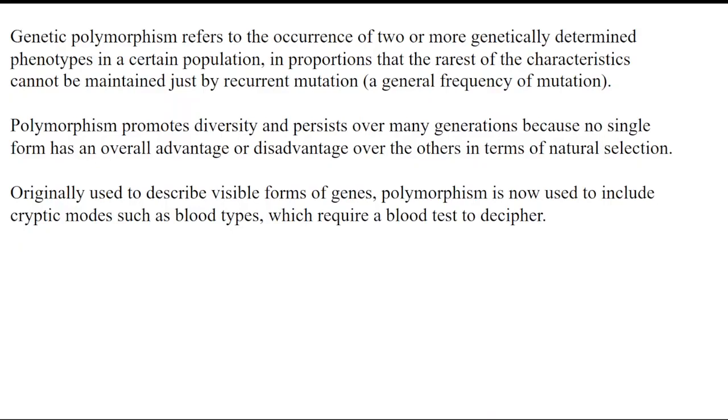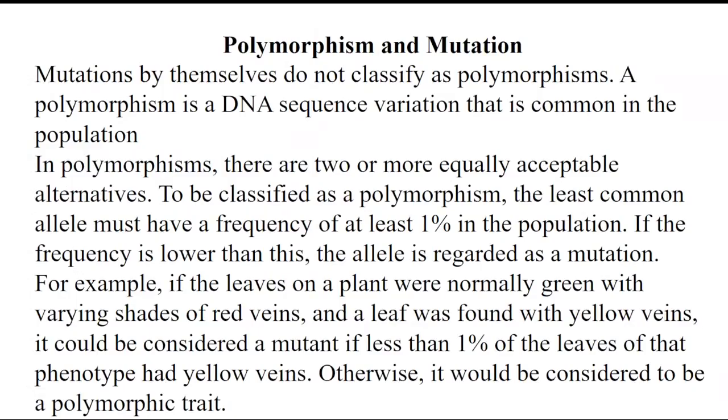Polymorphism promotes diversity and persists over many generations because no single form has an overall advantage or disadvantage over the others in terms of natural selection. So the reason of genetic polymorphism are population.